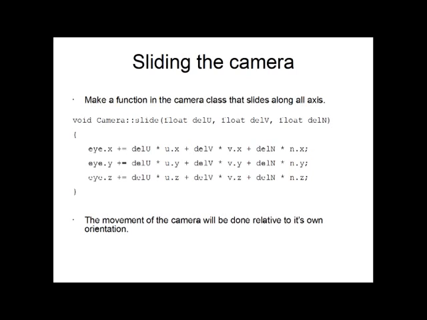And this is what it would look like in a program. In this case, we're taking a factor for u, v, and n into the same function. So if we're only going to move forward or backward, we'll simply send 0 into the delta u and delta v variables, and only have whatever factor we need in delta n.